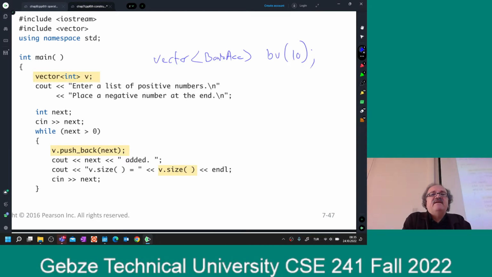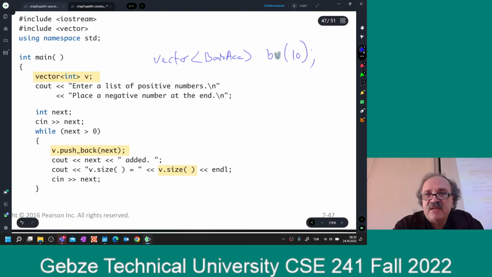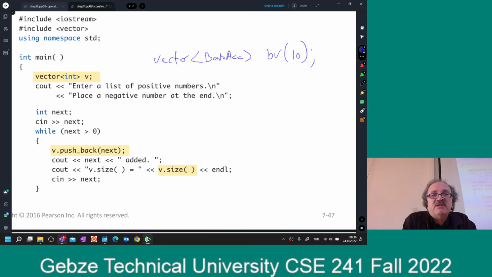It says that in this BV bank account vector, I have 10 bank account objects in it. They are all initialized with $0 and 0 cents. Why? Because the no parameter constructor of bank account, remember, initializes the bank account to 0, 0. So it always has to be initialized.